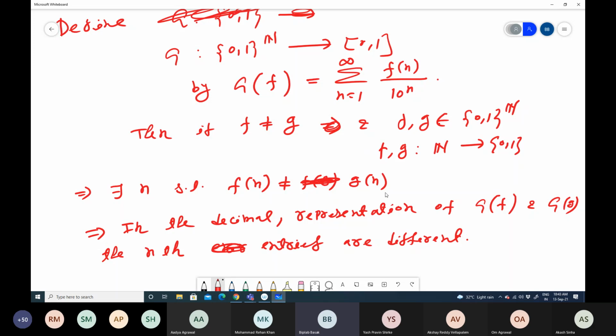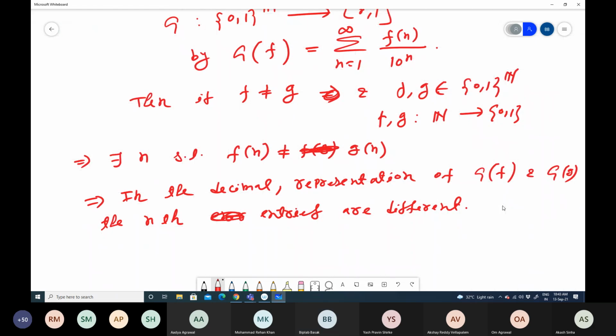Okay, so this is an injective function. So that implies G of f is not equal to G of g. So that implies G is injective.